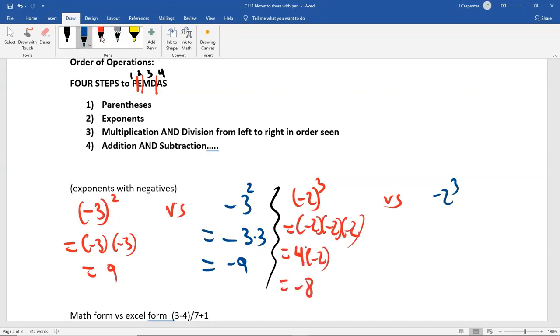But the blue one, the negative is not repeated. It's just the 2 cubed that is 2 times 2 times 2. -2 times +2 is -4 times +2 is -8. Again, this is a review technically, but I know almost everyone needs to see this. So while with the even exponents you do get different answers, with the odd exponents you get the same answer.